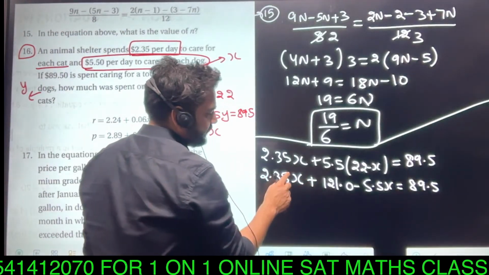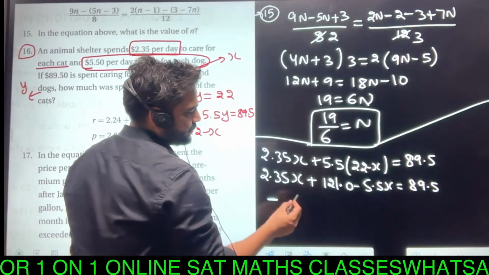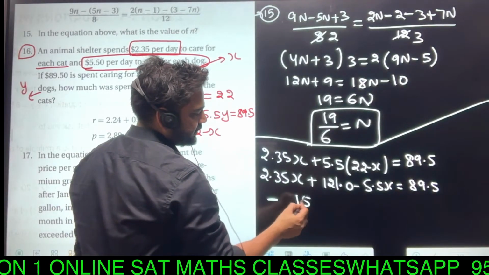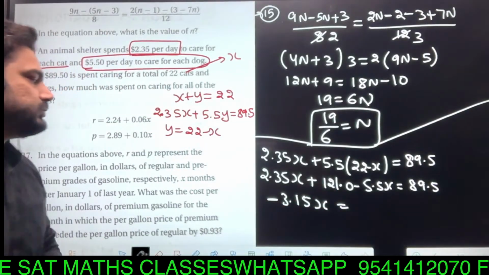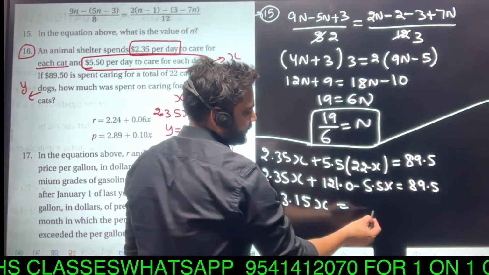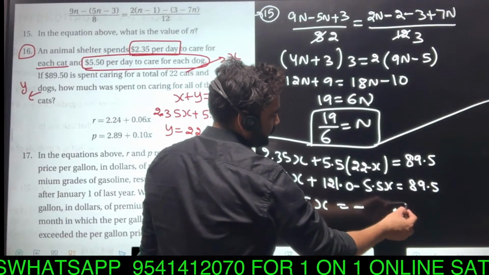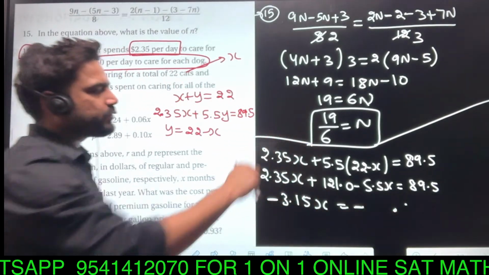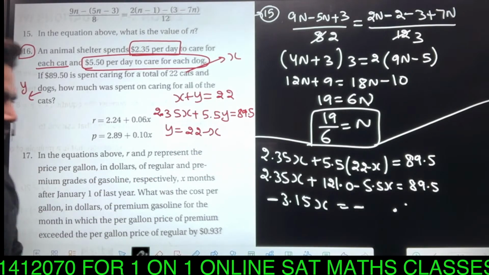If 2.35x subtracts 5.5x, it will be equal to minus 3.15x. And if 89.5 subtracts this 121, it will be minus 31.5.